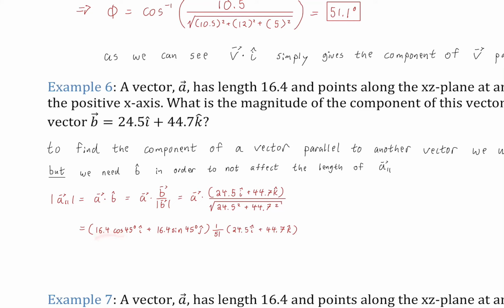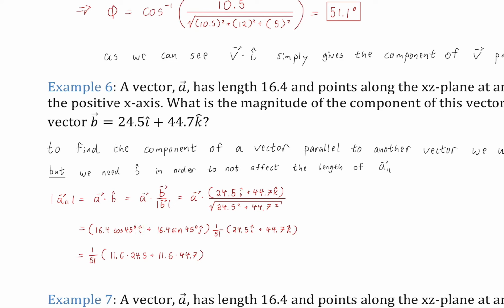Ax is just 16.4 times cosine of 45, because it's just the x component of A. Meanwhile, az is just 16.4 times sine of 45. At this point, we still have everything in vector form because we haven't actually finished taking the dot product. So the dot product would still be right there. And then when we actually take the dot product, all the vector notations go away because, of course, we're just getting a scalar.